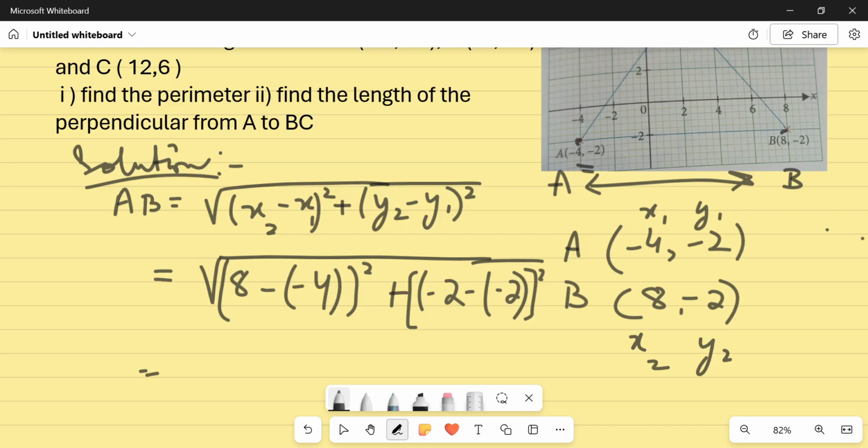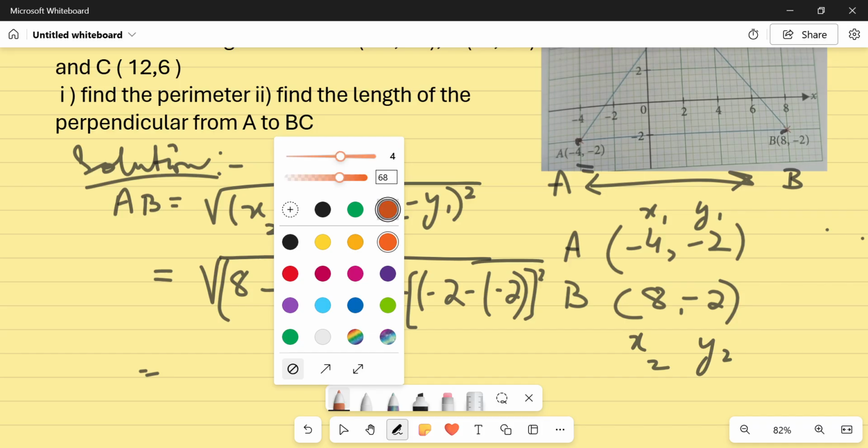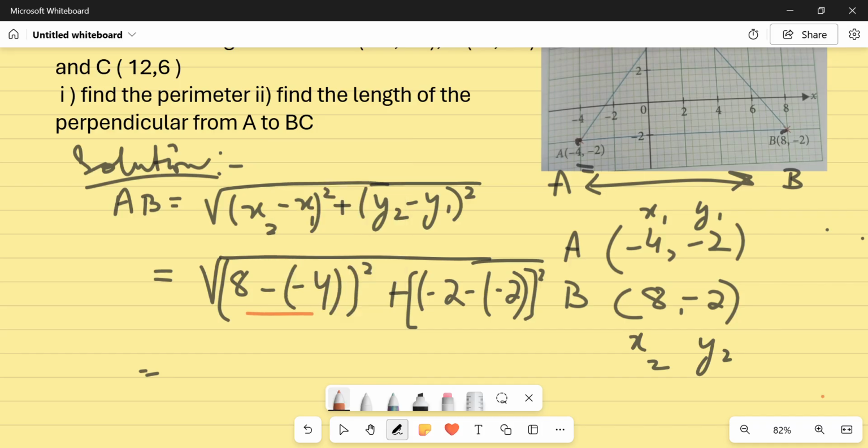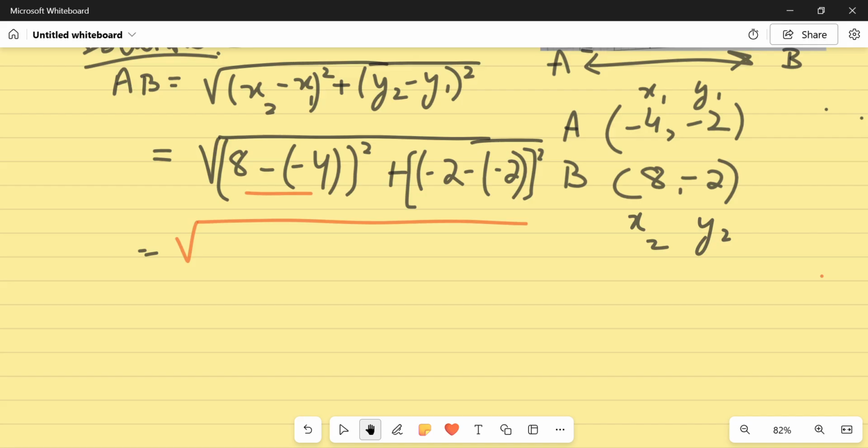Let's solve. -4 the whole square is 16, because whenever it's an even power, the answer always comes positive, since -4 times -4 is 16.